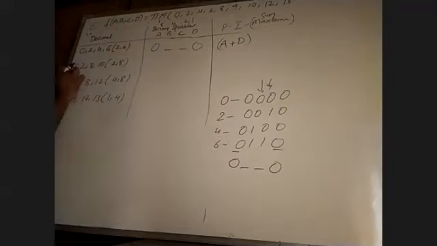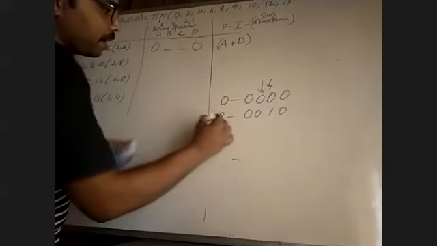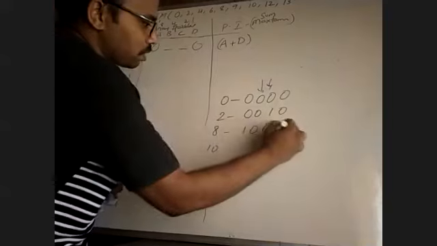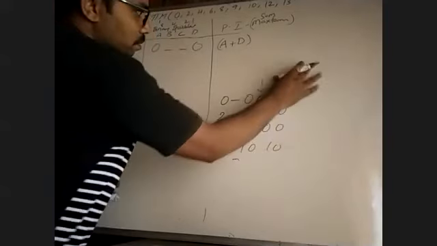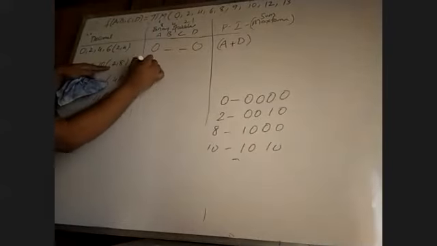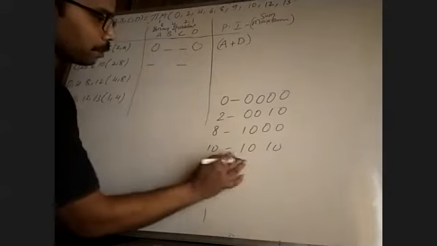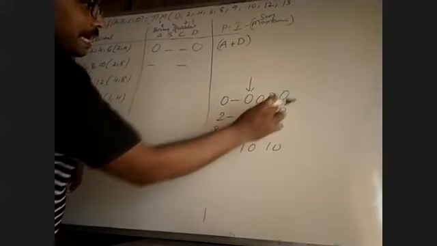Next, 0, 2, 8, 10. 8 is 1 0 0 0, 10 is 1 0 1 0. See, the positions are 2 and 8. 8 is dash and 2 is dash. Variation came in the 8th position, 0 0 1 1, and in the second position, 0 1 0 1.